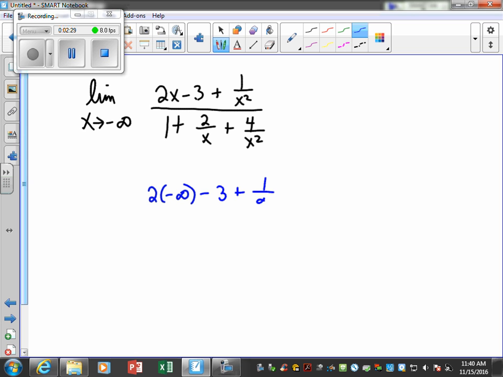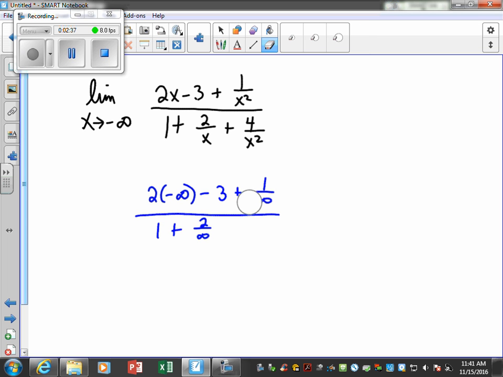A number over infinity is just going to be 0. Right? So then we would have 1 plus 2 over infinity, which technically you don't have a negative infinity right there. It's just going to be a 0. That just simplifies to 0. And then we have 4 over negative infinity. We're just going to have a number over infinity is 0 again.